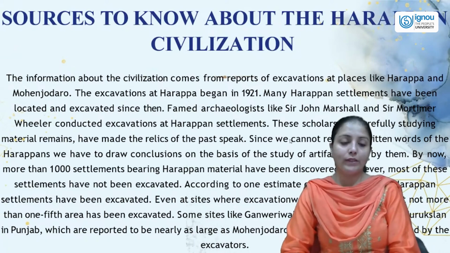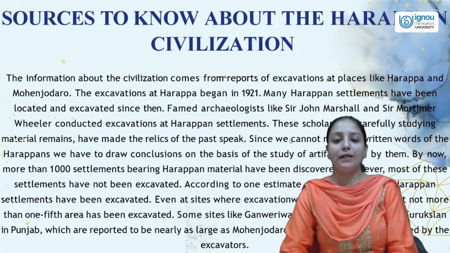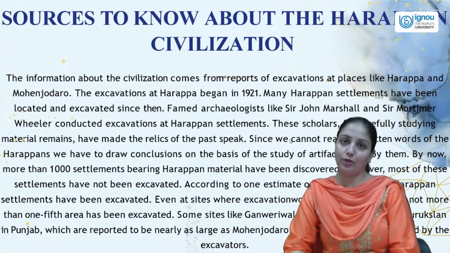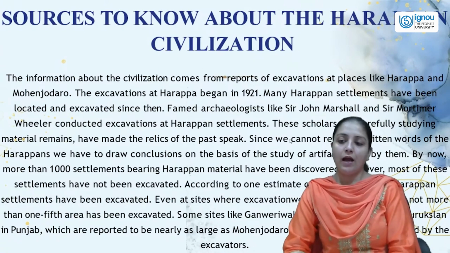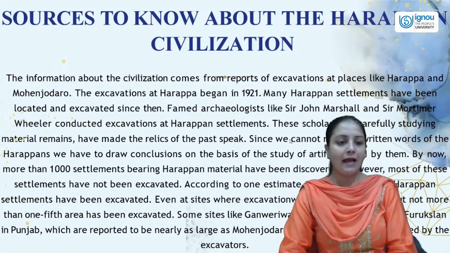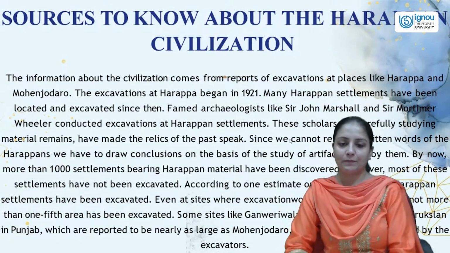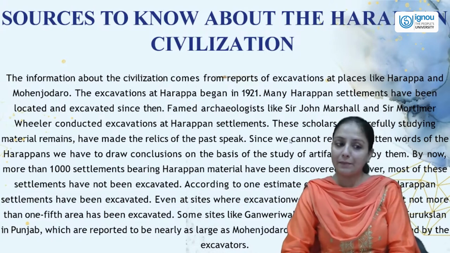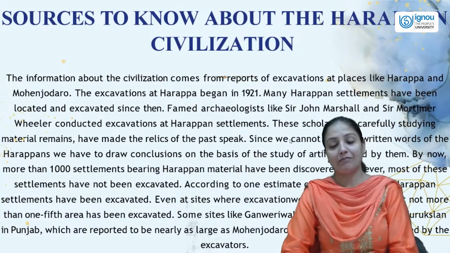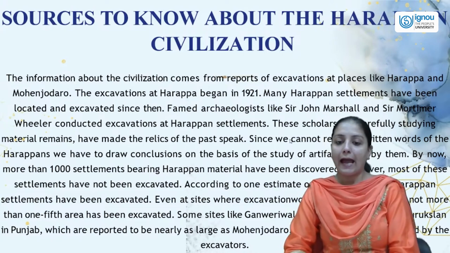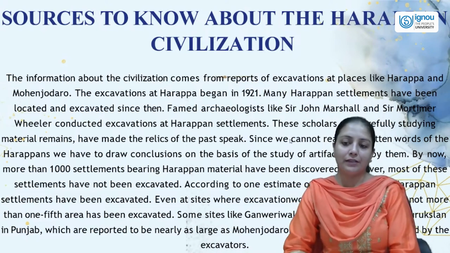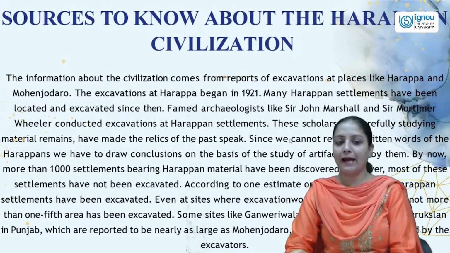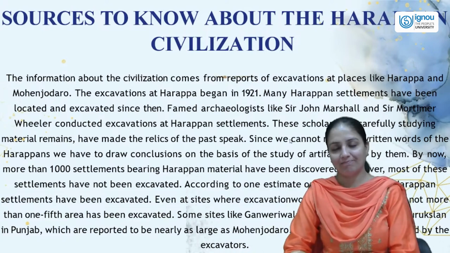By now, more than 1,000 settlements bearing Harappan materials have been discovered. More than 1,000. However, most of these settlements have not been excavated. According to one estimate, only 3% of reported Harappan settlements have been excavated. Even at sites where excavation work has been carried out, not more than one-fifth of the area has been excavated.